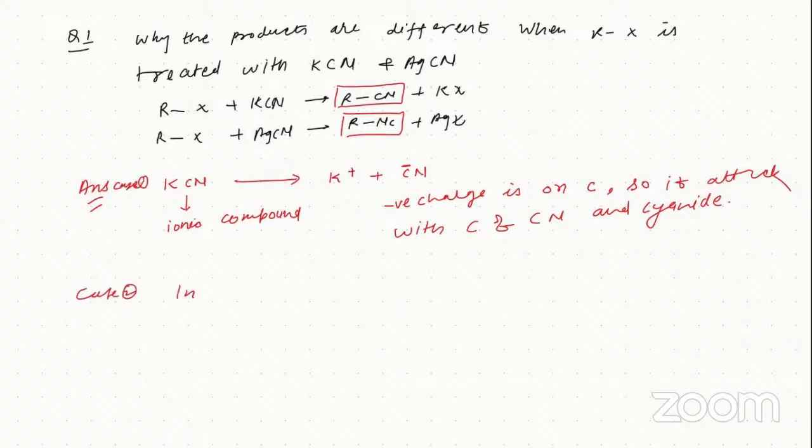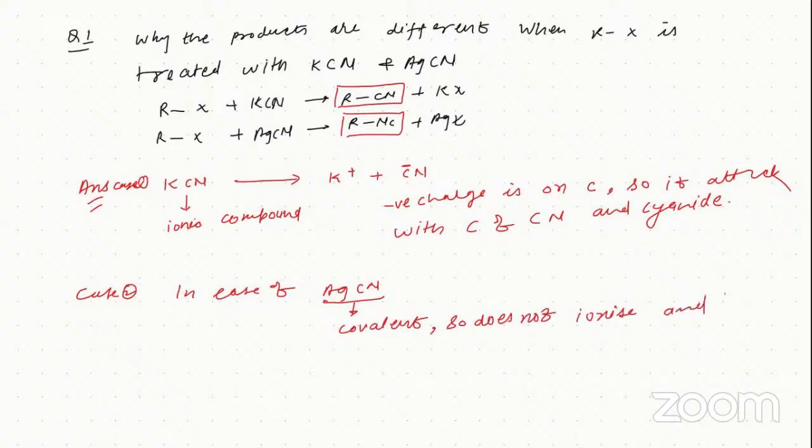In case of AgCN, according to Fajan's rule, this is a covalent compound. Covalent compound, so it does not ionize.